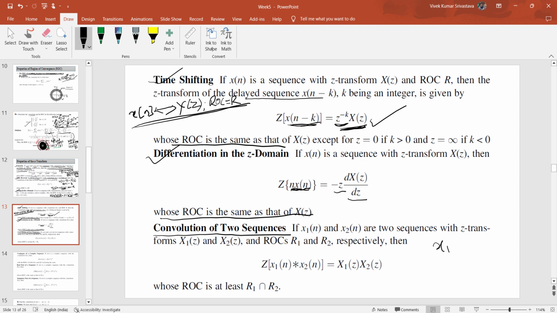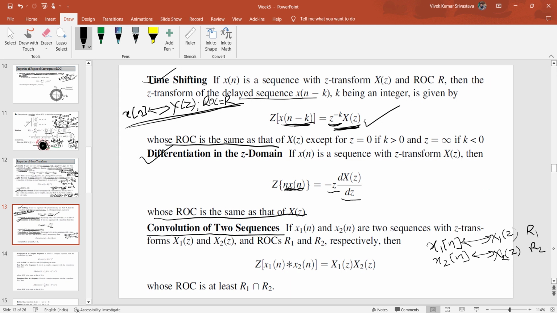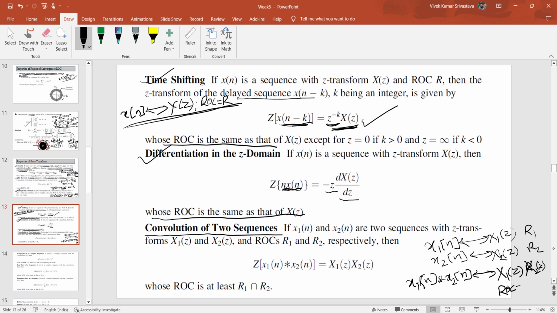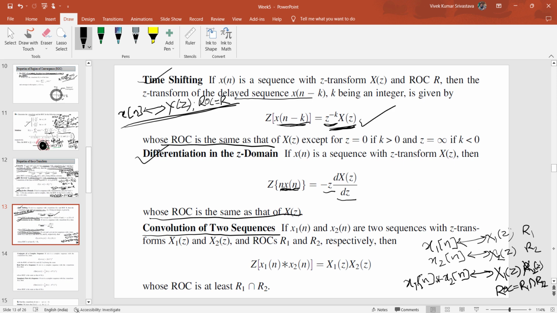If x1 of n and x2 of n are known to you, and the corresponding X1 of z and X2 of z you have evaluated with the ROCs defined as R1 and R2, and you have to evaluate the z transform of the convolved signal, that is x1 of n convolved with x2 of n, then the corresponding z transform is defined as X1 of z into X2 of z, and the ROC is the intersection of the individual ROCs.